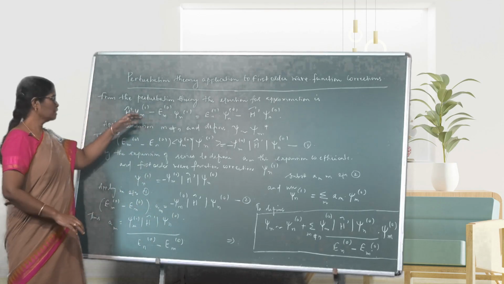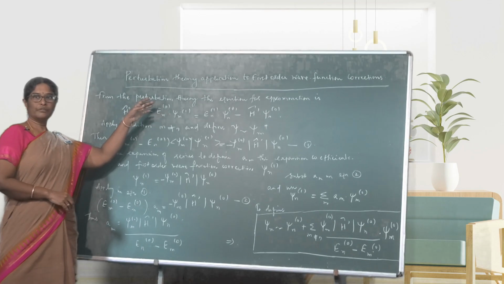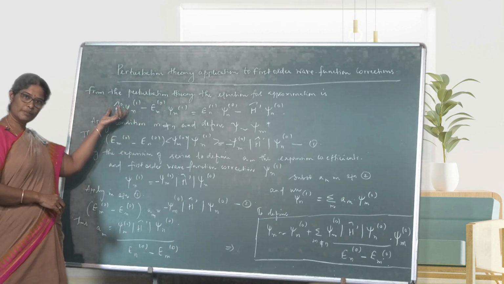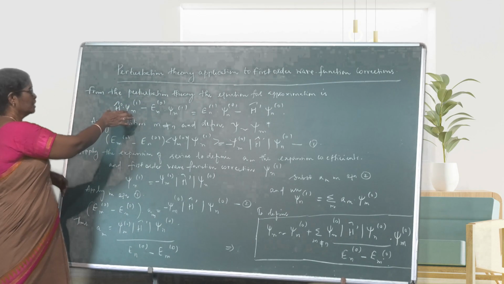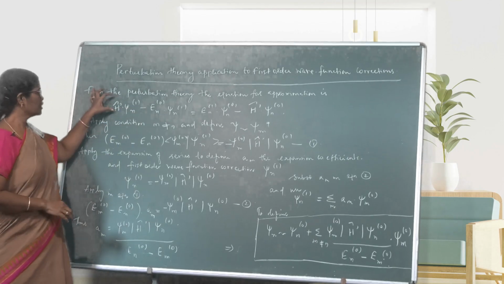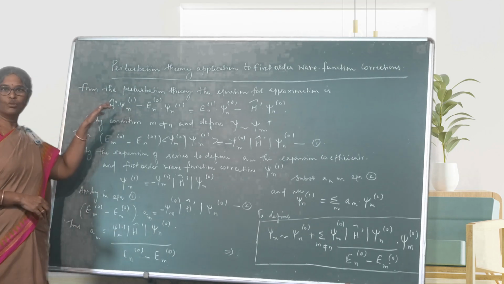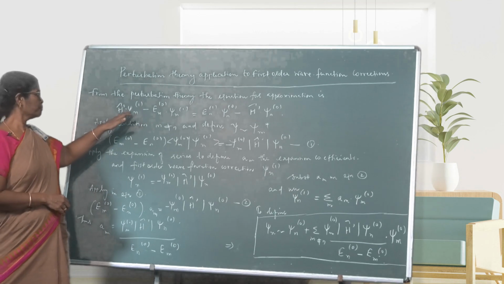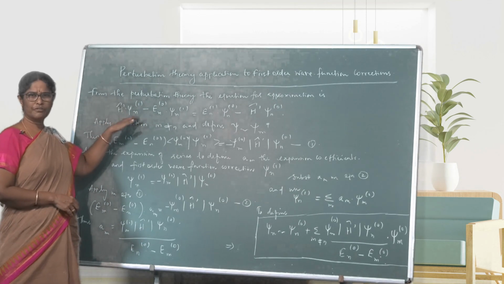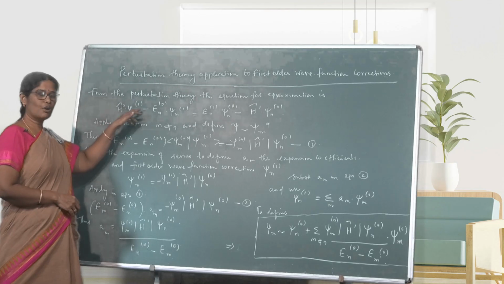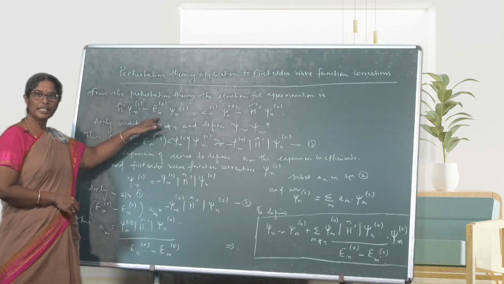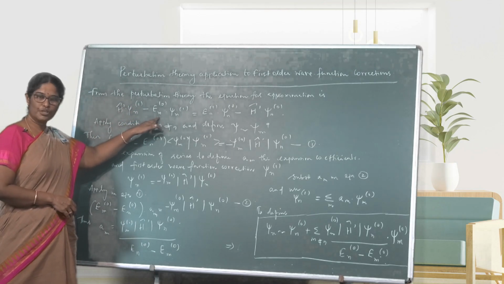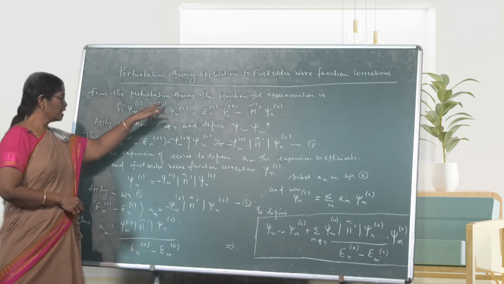In perturbation theory, we use the equation that has been deduced previously. Here, to define the system, H cap of 0 represents the Hamiltonian for the unperturbed system, psi of n is the wave function with the corresponding first order correction, and E of n is the eigenvalue, which corresponds to the unperturbed state, E of n of 0.